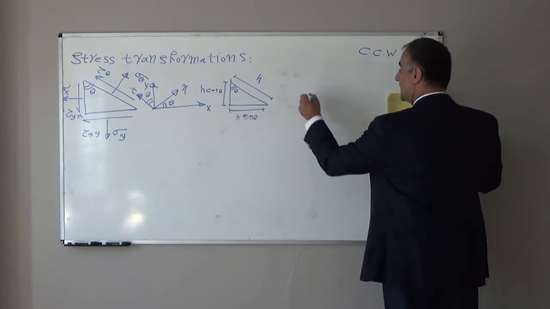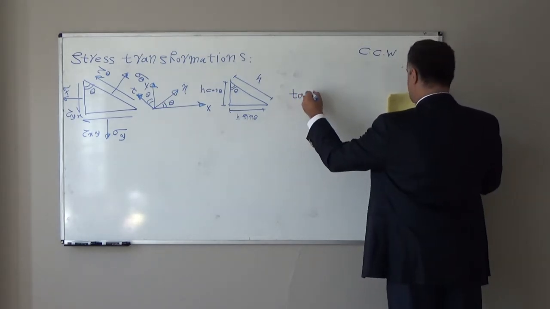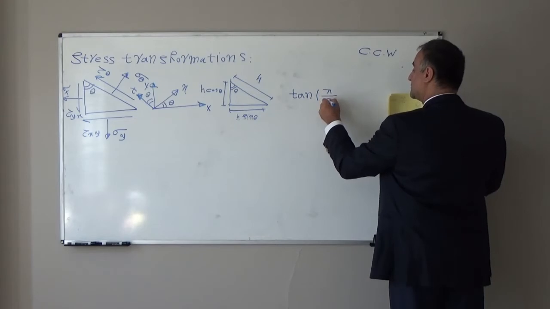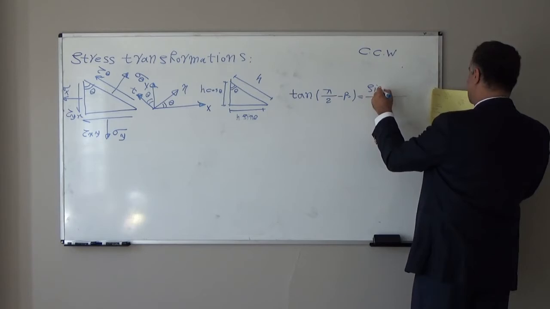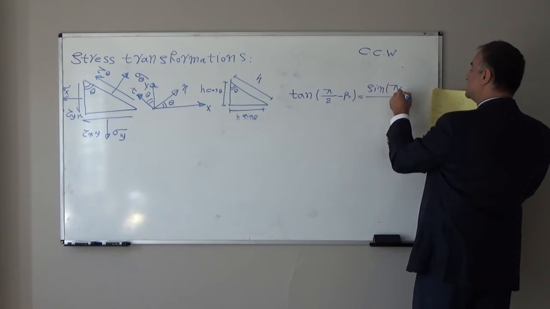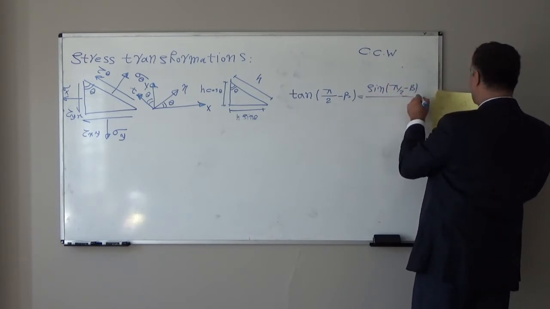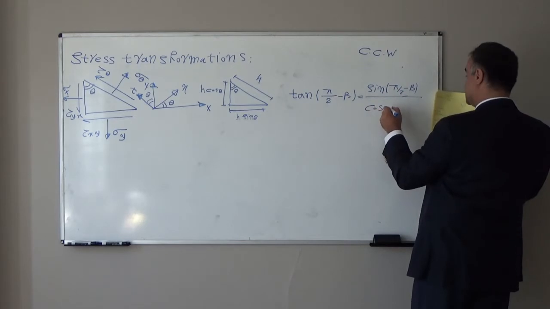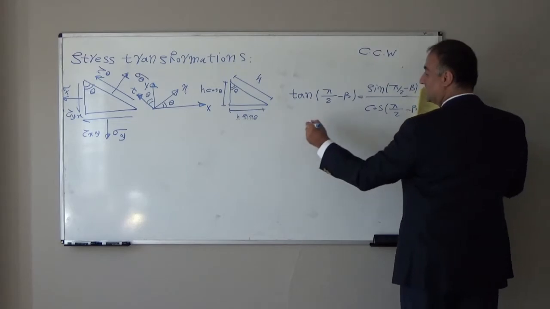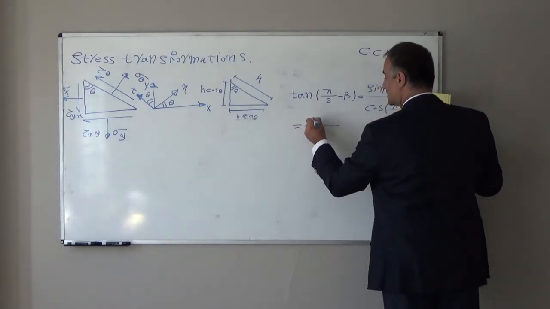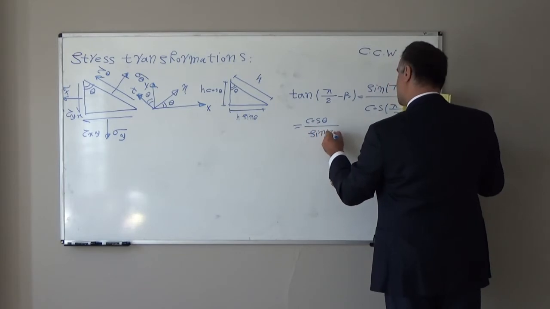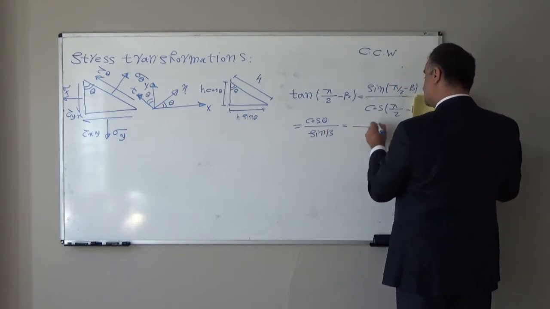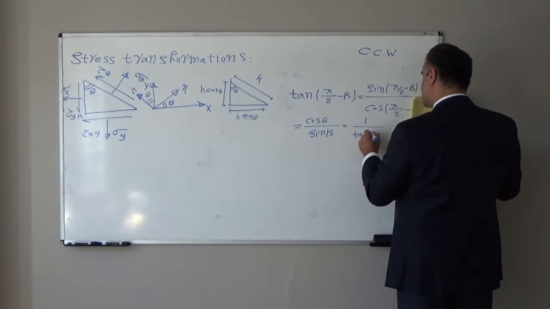From trigonometry, we can write tangent of pi over 2 minus beta is equal to sine of pi over 2 minus beta divided by cosine of pi over 2 minus beta. That will be equal to cosine beta over sine beta, and that will be equal to 1 over tangent beta.